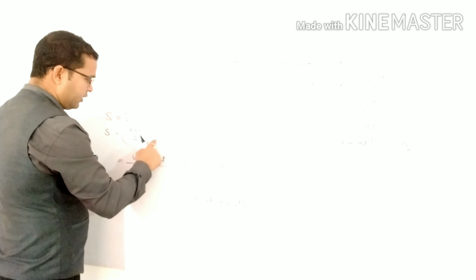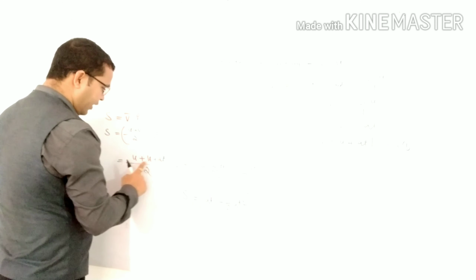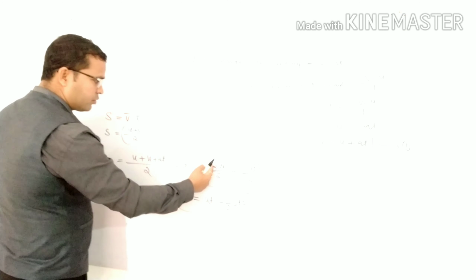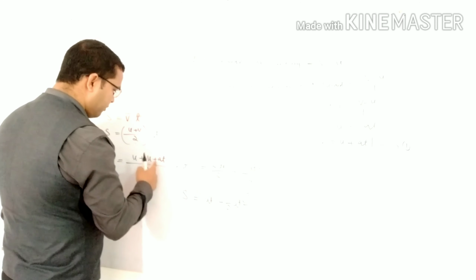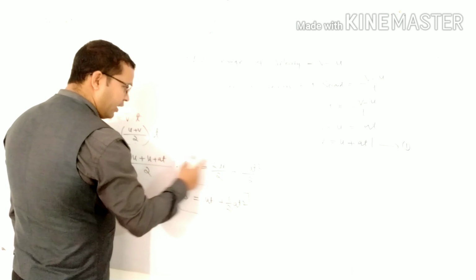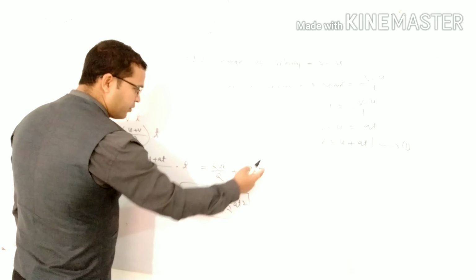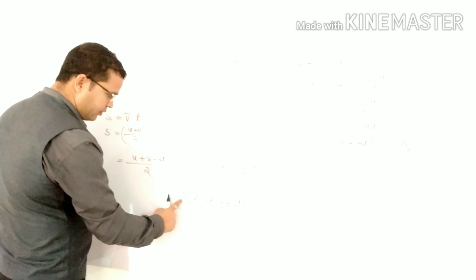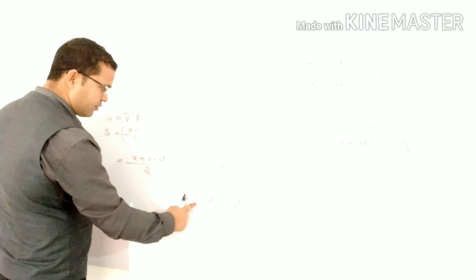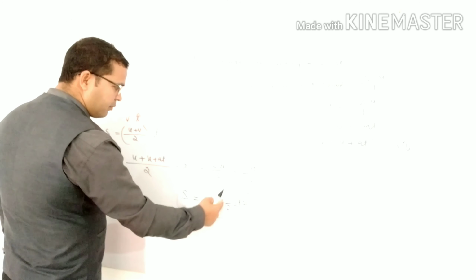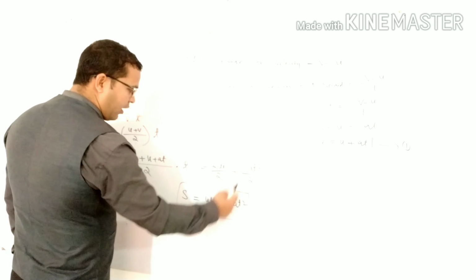This t is equal to, I can write u plus u, how much will it be? Twice u into t. So twice ut divided by 2, I broke it into a linear equation, plus a into t, at into t, at square by 2. So here the 2 cancels, so s is equal to ut plus half of at square.